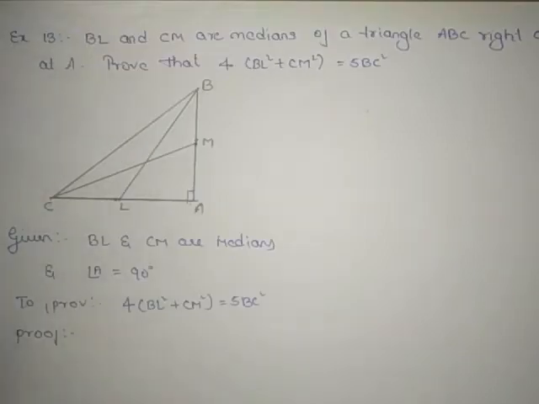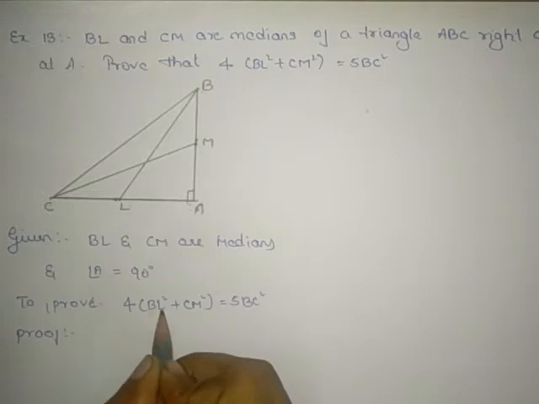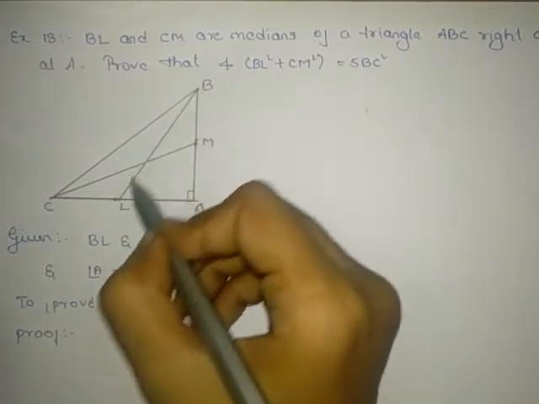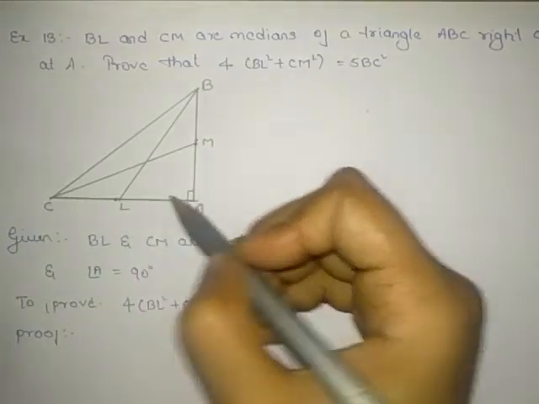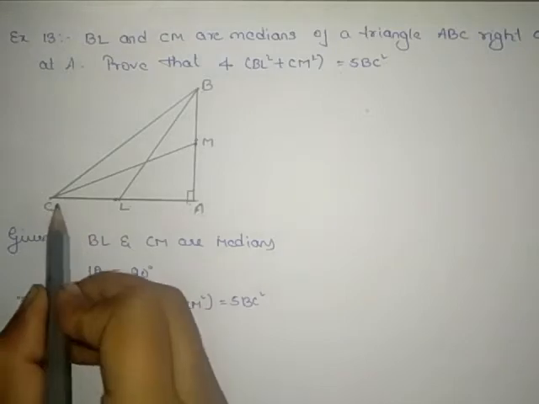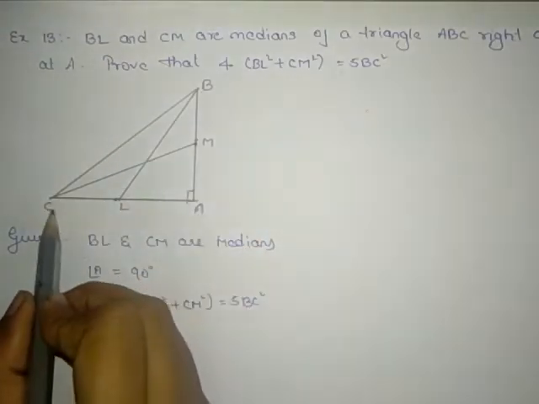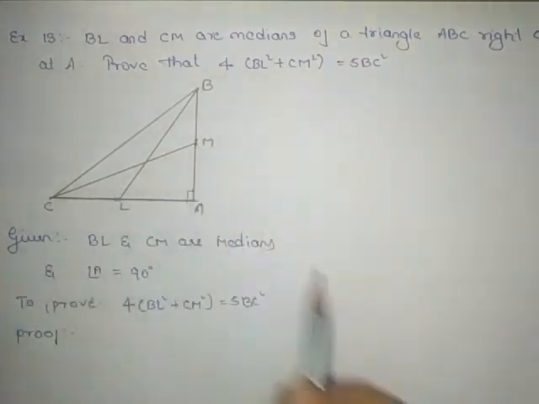To prove this, which all triangles we need to consider means, first see, here they have given side BL, right? BL, it is the side of the triangle ABL, right? So we have to consider the triangle BAL, and CM, it is the side of the triangle CAM, isn't it? So these 2 triangles we got.